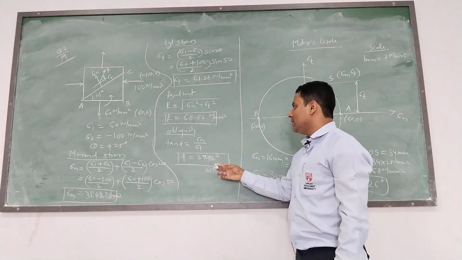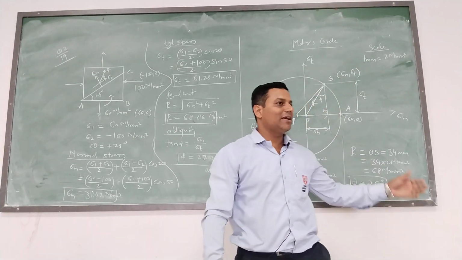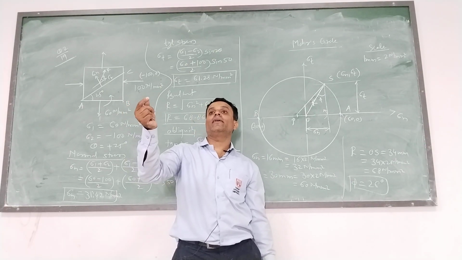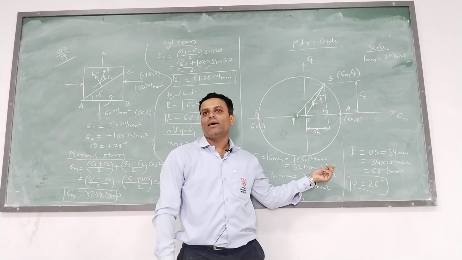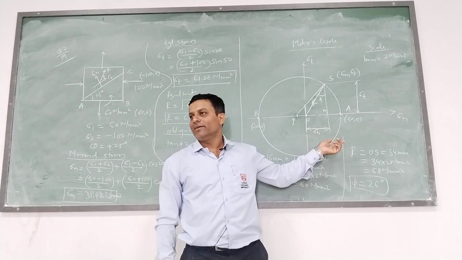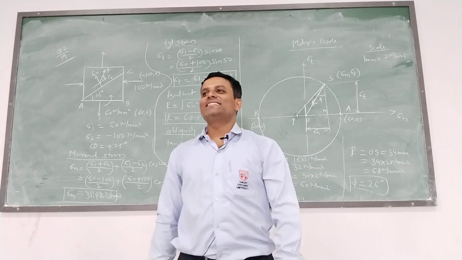Now check this angle. 27. Okay, 26. Because of the graphical method, the possibility of small error may be there between analytical and graphical. There will be some small error in the answer because of the graphical method, manual error. Okay, and this is the answer.